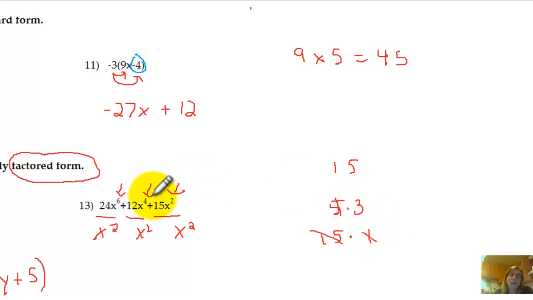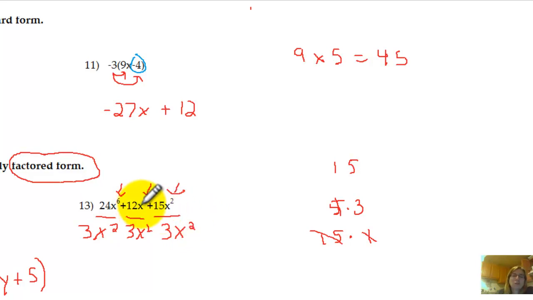So you know you can divide each of these by 3, because 3 times 4 is 12, 3 times 8 is 24, 3 times 5 is 15. So we can divide each by the common factor of 3. So we decided this divider by looking at the letters. The greatest common factor between the letters is x squared.